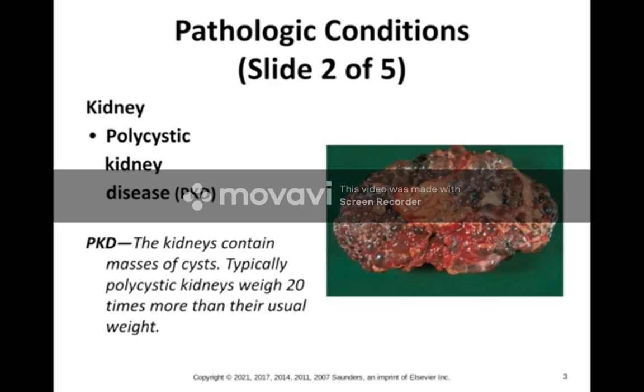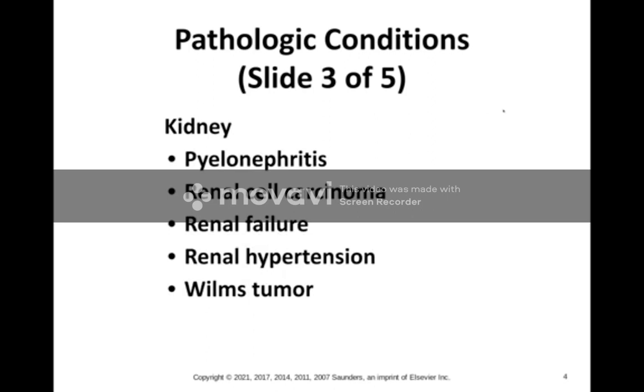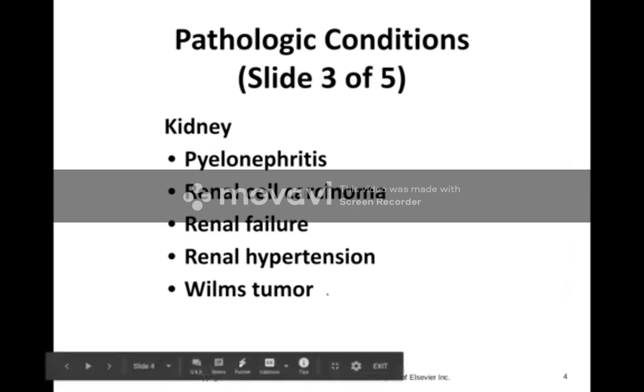That is when the kidney contains masses of cysts. And normally, polycystic kidneys will weigh 20 times more than their usual normal weight. So here's a kidney covered in cysts. Pyelonephritis, renal cell carcinoma, renal failure, renal hypertension, and Wilms tumor.